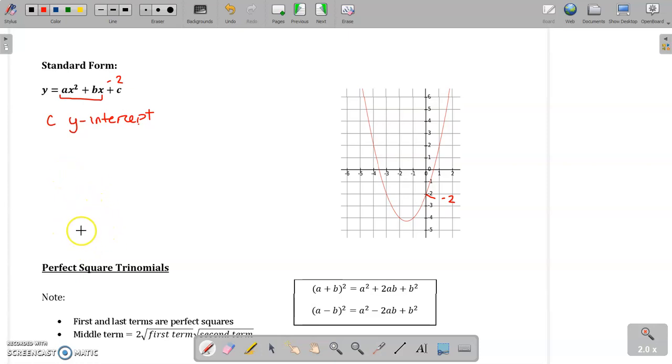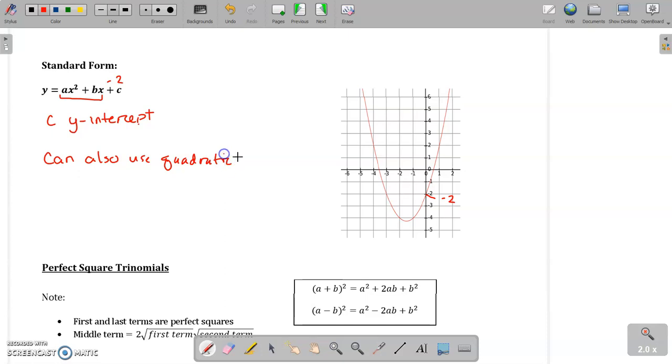But just to point out, if you wanted to find the roots, there's a couple of different ways you can do it. You can use some of your factoring techniques that we used in our first unit, and you can also use the quadratic formula to find the roots.